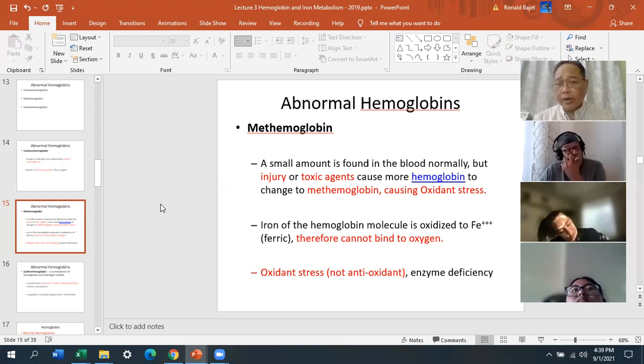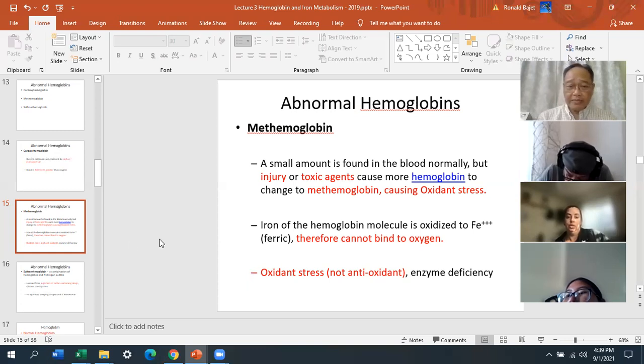I'll get into that when I talk about the hemoglobinopathies. The bottom line, the take-home lesson on methemoglobin, is that the hemoglobin will not deliver oxygen to the tissues, or it cannot bind to oxygen in the lungs. It's because it's in the ferric form. All ferrous iron has been converted to the Fe3+ form, so oxygen cannot be picked up, nor can it be delivered to the tissues.